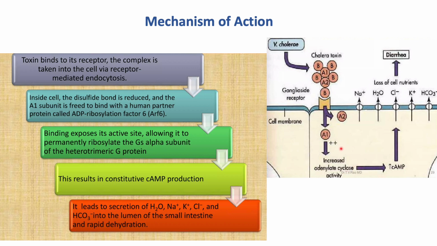This binding exposes its active site, allowing it to permanently ribosylate the Gs alpha subunit of the heteromeric G protein. This results in constitutive cyclic AMP production, and this further leads to the secretion of water, sodium, potassium, chloride and bicarbonate ions into the lumen of the small intestine, which leads to rapid dehydration.